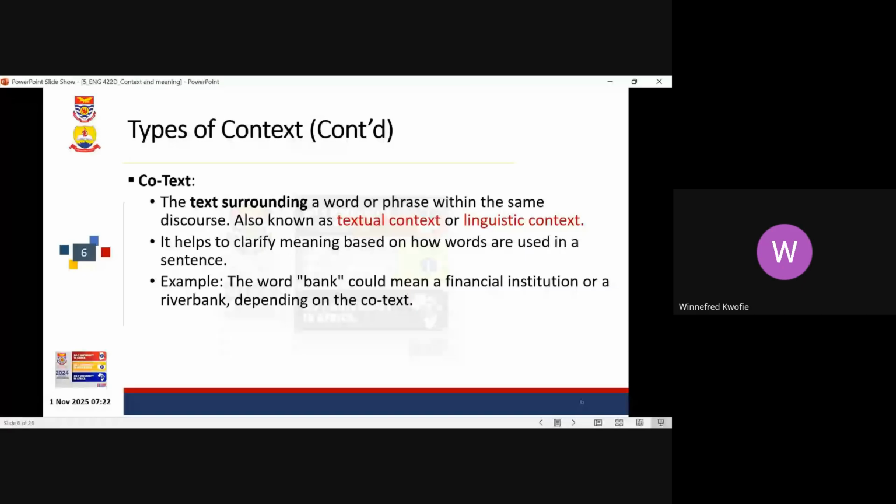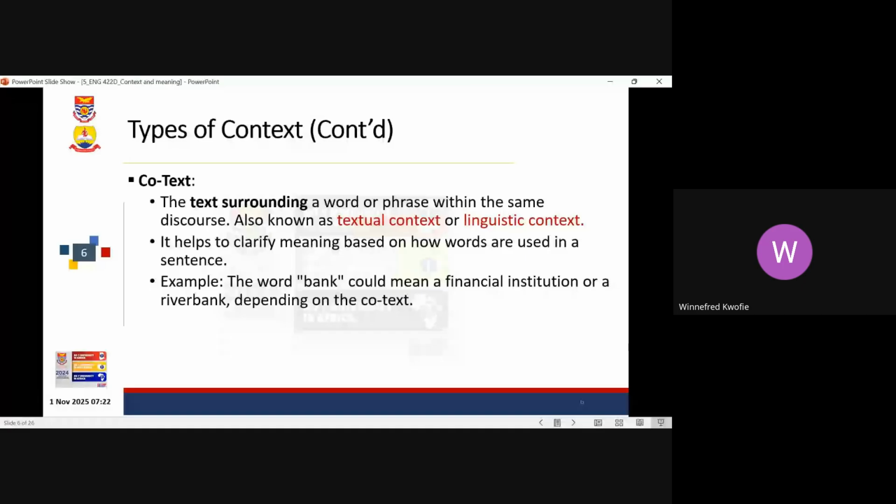So co-text refers to the text you are sharing with, like being in one room with another person, you become co-tenants. The co-text refers to the words used in the sentence. So co-text refers to the other words in the same sentence or that same environment or in the same discourse.